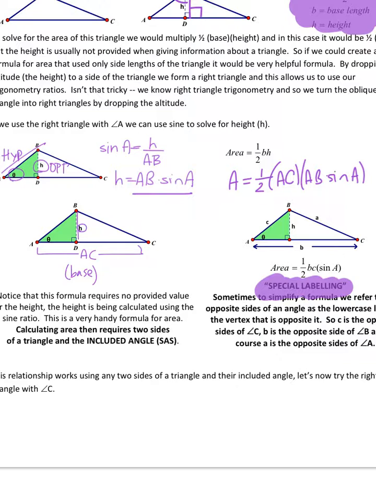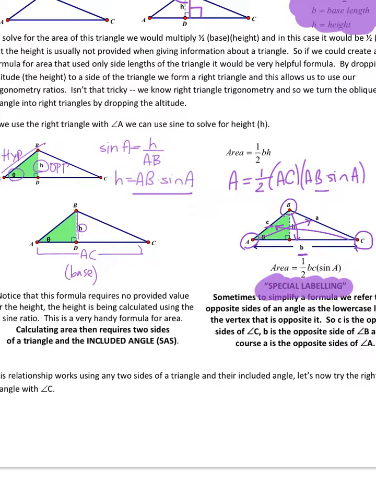The last piece then is going back to what we call special labeling, where you can name sides of a triangle by the letter opposite side. And so angle C, for example, becomes lowercase c when you look at the side opposite it. Angle A is opposite lowercase a side, and angle B is opposite lowercase side b. And if we look at the sides that we need, we have AC is going to be lowercase b, and we have that AB in this formula is going to be lowercase c.